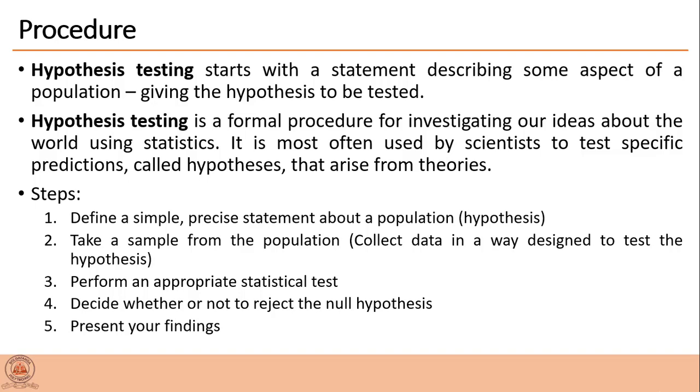So step number 4, you decide whether or not to reject the null hypothesis. Based on the outcome of your statistical test, you will have to decide whether to reject or fail to reject your null hypothesis. So in most cases, you will use a p-value generated by your statistical test in your computer to guide your decisions.